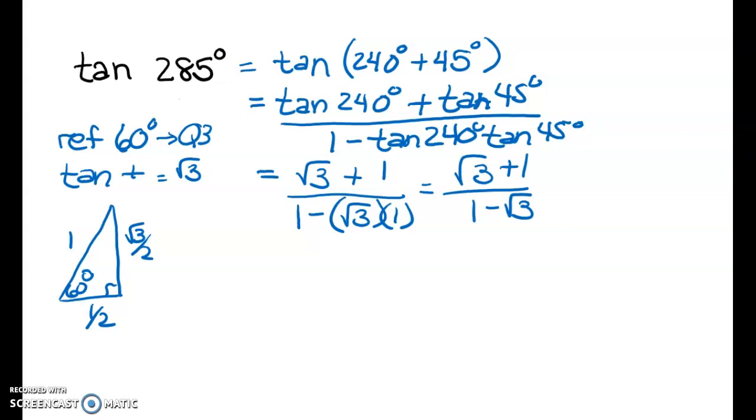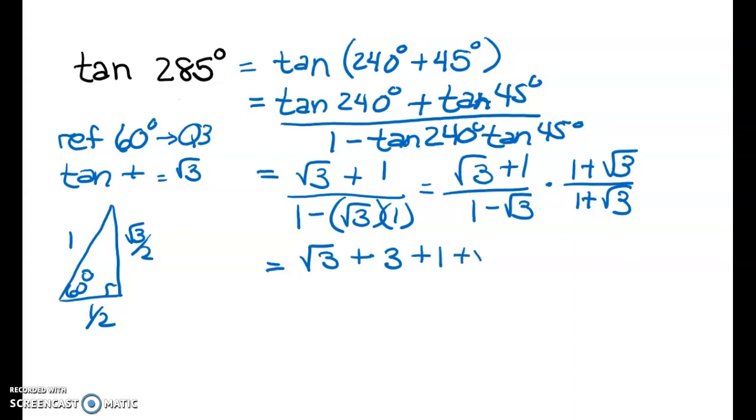So for this one, let's go ahead and rationalize this. So I'm going to multiply by 1 plus radical 3 over 1 plus radical 3. So I'm going to get radical 3 plus 3 plus 1 plus radical 3, all over 1 minus 3. So let's combine like terms.